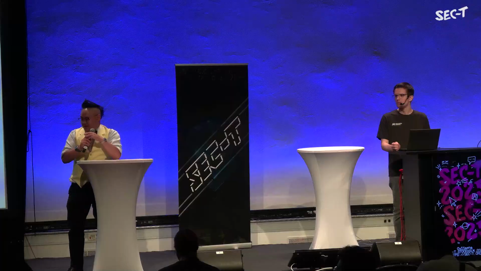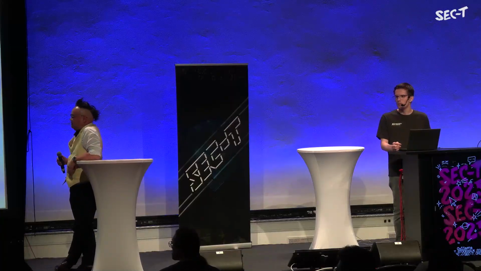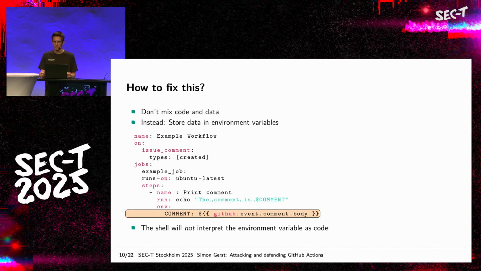Last question. I have a follow-up question on this slide. Don't we get YAML injection? Because they do the templating first and then they interpret the entire workflow? Sorry, what? YAML injection? So if we inject a new line into the comment body and just keep on writing more YAML? No, that doesn't work.